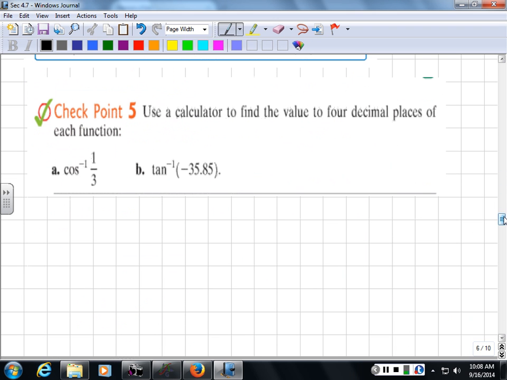these are the ones that you guys like. Use a calculator to find the value to 4 decimal places. When you're doing trig functions, generally speaking, we're going to round to 4 decimal places. In fact, back in the day before the advent of calculators, they used to have trig tables.